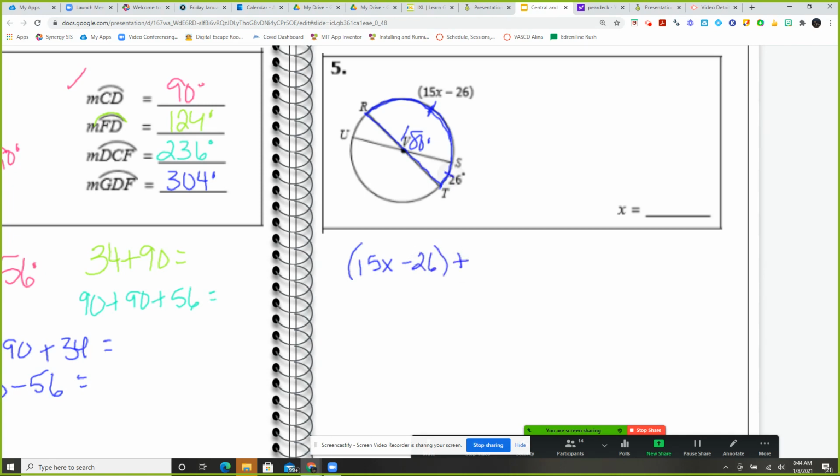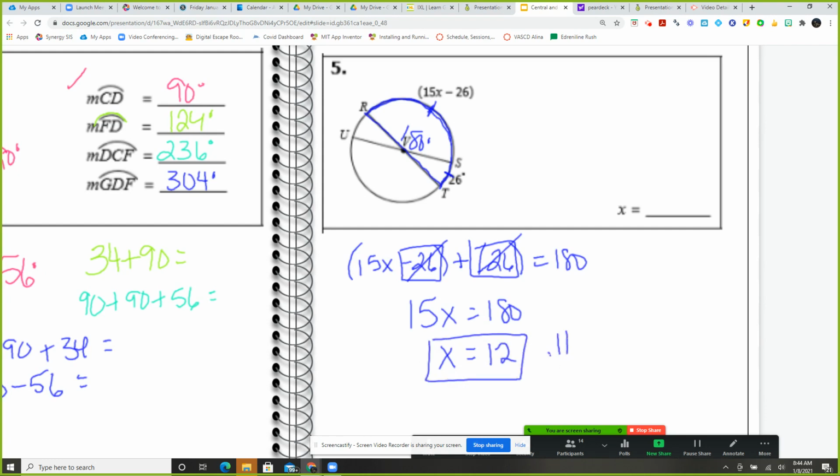And then we've got to add in that plus 26. Absolutely, yep. And then it equals 180. The part plus the part equals the total. So we combine our like terms. We've got minus 26 and plus 26 that are going to cancel out. So we've got 15x equals 180. And then what does x equal? 12. I didn't even have time to pick up my calculator. Awesome.